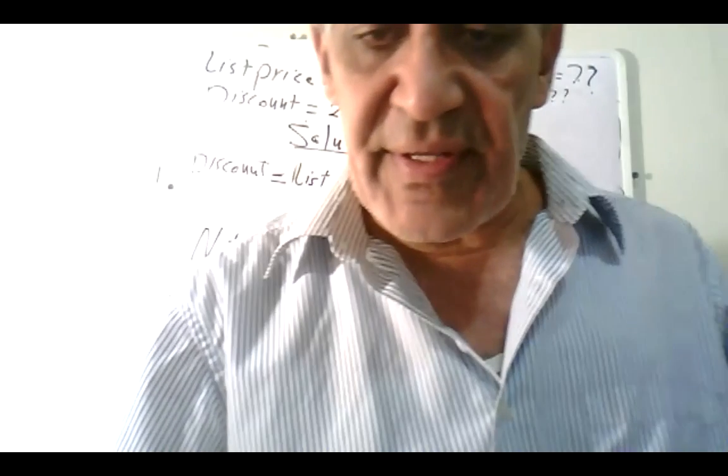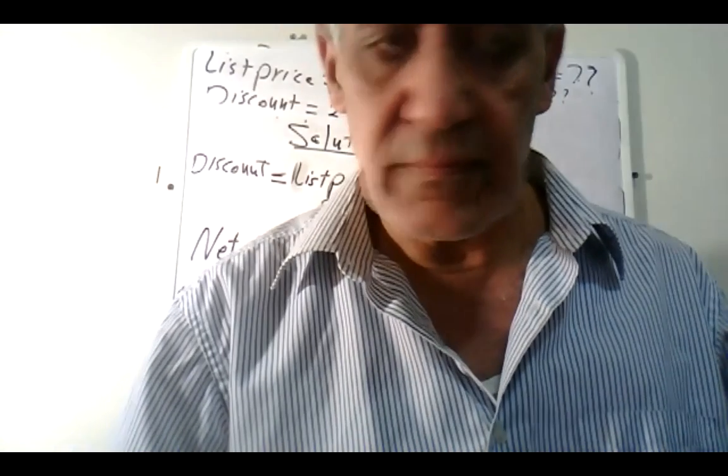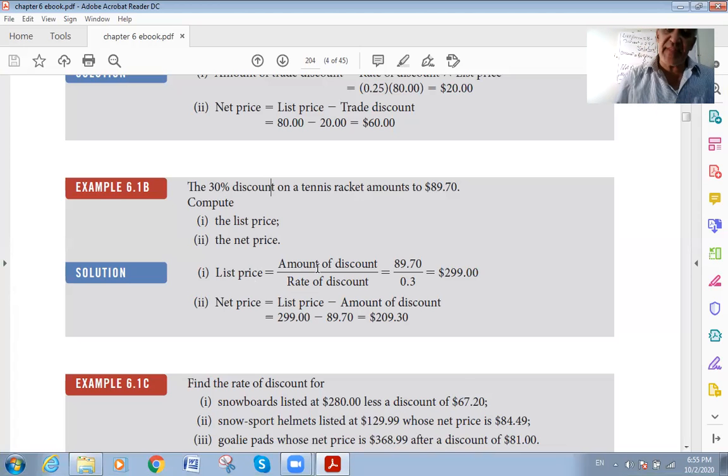And this is another example. In this example, I have to know two variables to find the third. Like in any equation, if I have three variables and I know two, I will find the third. So here I will get the list price by dividing the amount of discount by the rate of discount.